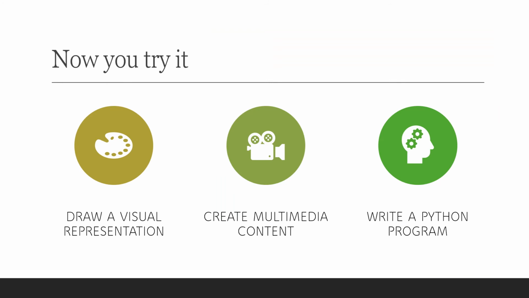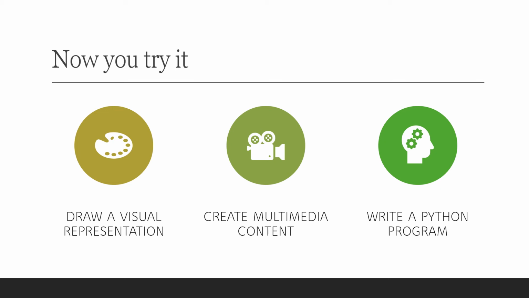So here's some activities for you to have a go at. The first one is to simply draw a visual representation of what we've just done. Perhaps you could show the list as it now exists and then add the value Q after the value D, or whatever.